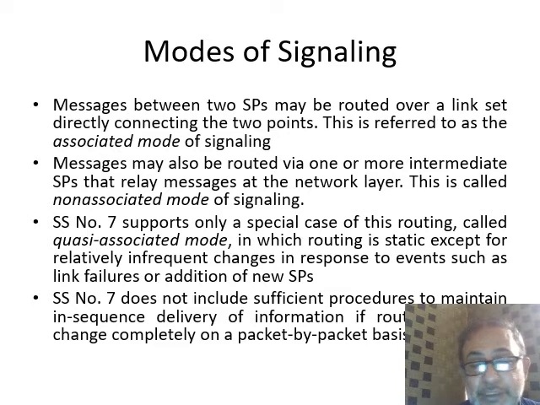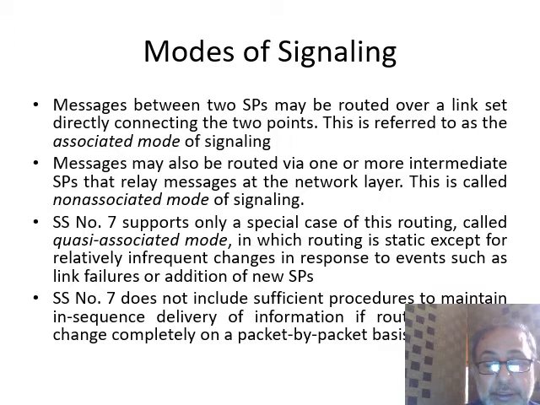Signaling system number 7 does not include sufficient procedures to maintain in-sequence delivery of information. I would refer you to the TCP protocol, which is the protocol of the fourth layer in the TCP/IP suite.